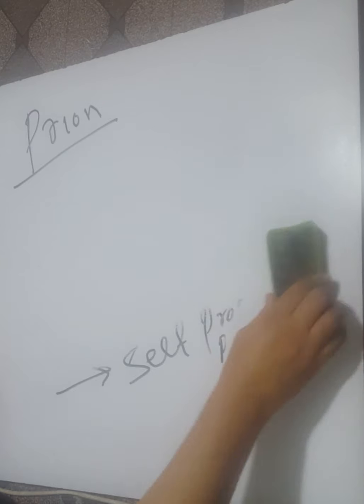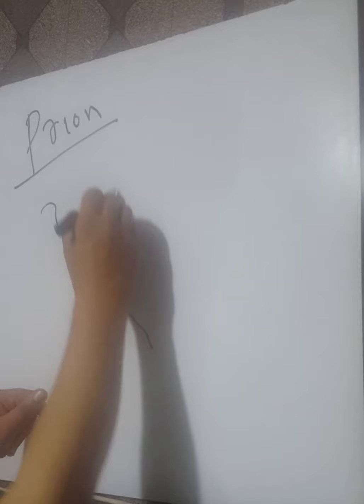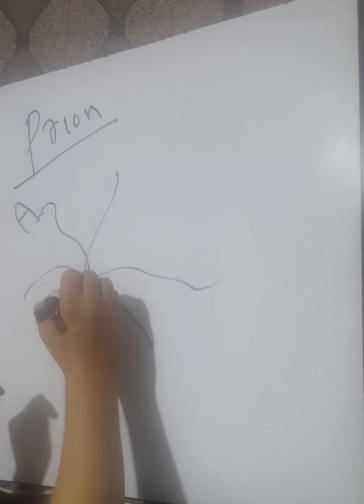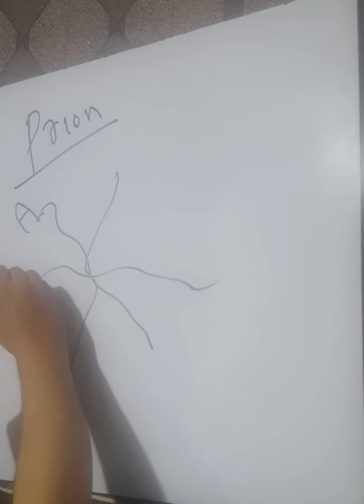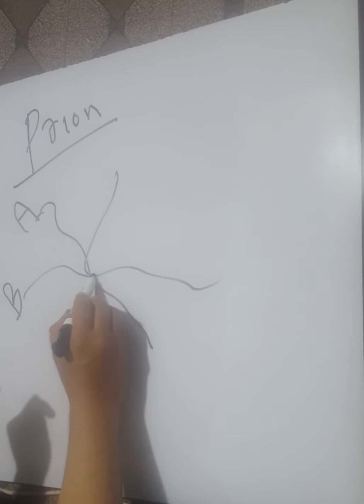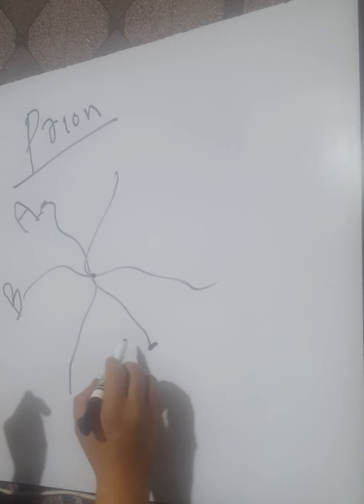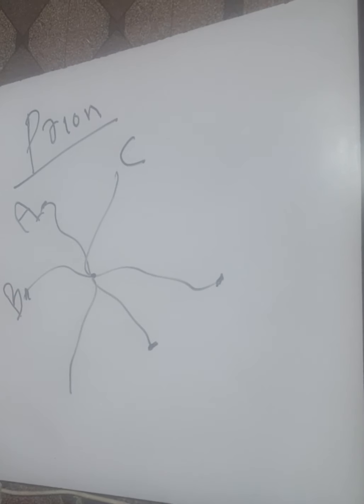We will discuss a few examples of the structure of the prion and how it changes its structure. For example, this is the prion. This is the A unit, this is the B unit, and this is the C unit of the prion. This is the example of the recombinant prion.